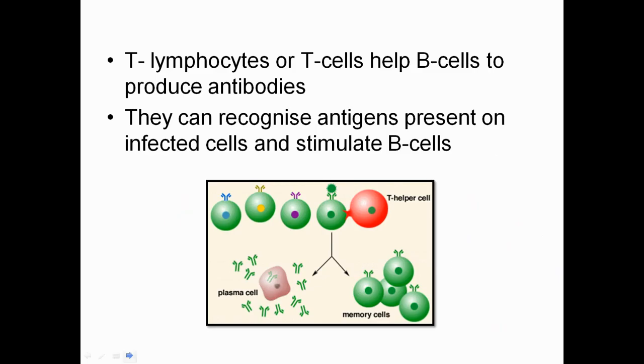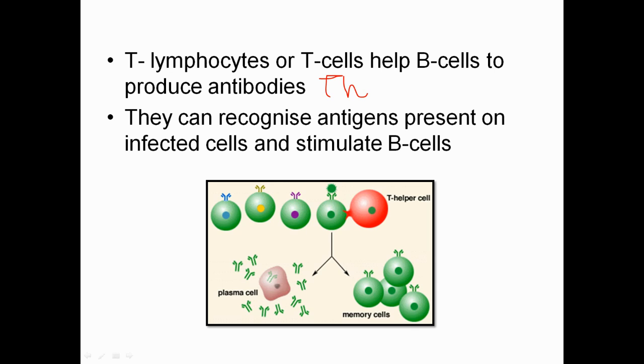Now come to the T lymphocyte. They are also referred to as helper T cells, or TH cells. I'm just writing the abbreviation of the same. They don't produce any sort of antibodies, but they stimulate B cells to secrete a particular kind of antibody against a particular antigen.